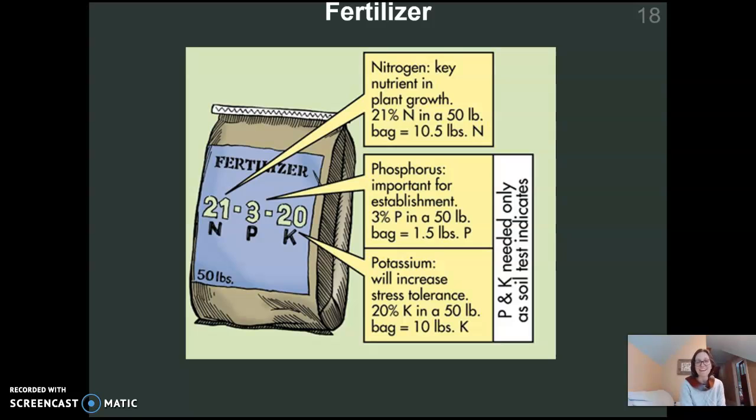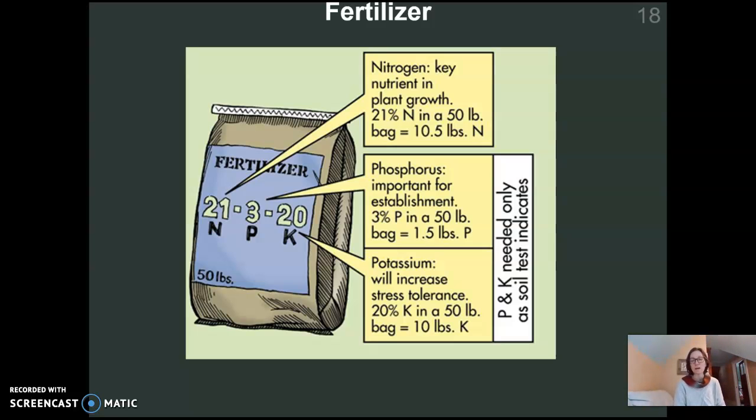So a fertilizer bag is shown here, and I wanted to bring this up because when we grow plants, sometimes we need to add fertilizer and nutrients, and the three major types of nutrients that we add are nitrogen, phosphorus, and potassium, N, P, and K. Fertilizer bags usually have numbers in that order, representing the percent of nitrogen, phosphorus, and potassium in the fertilizer bag. So these elements are essential for plant growth.